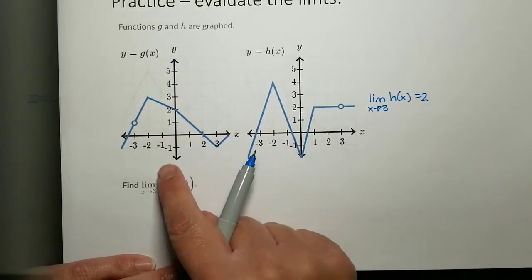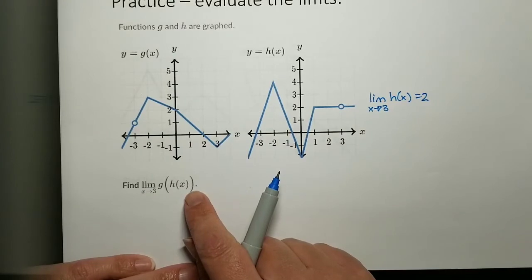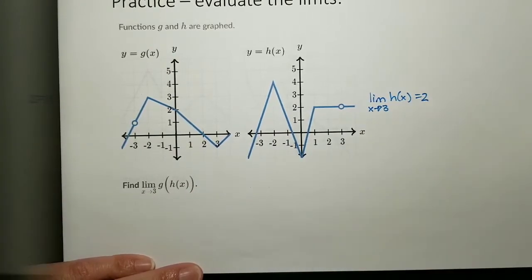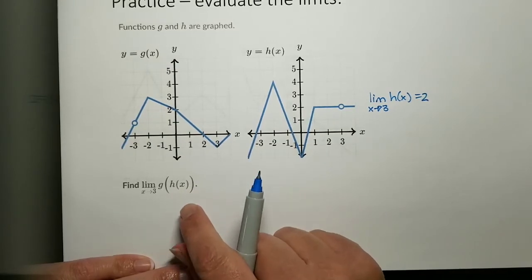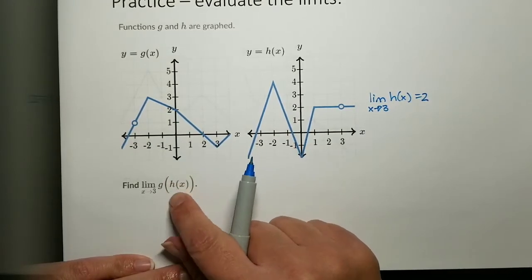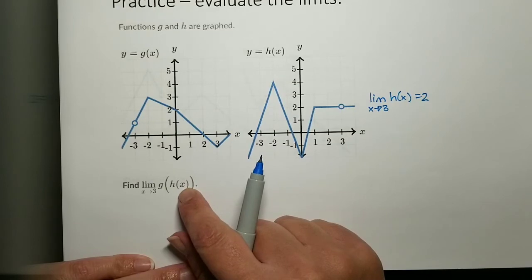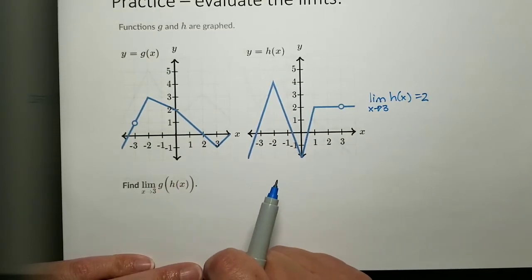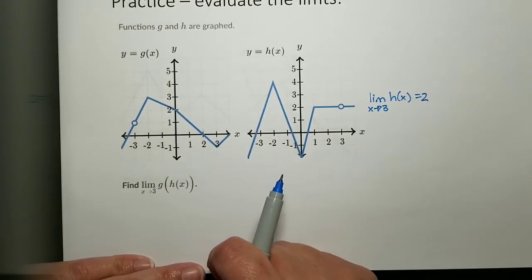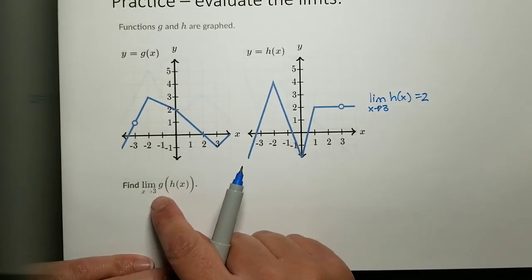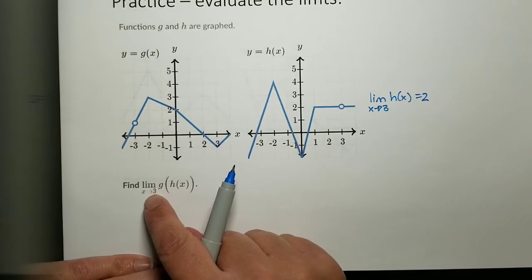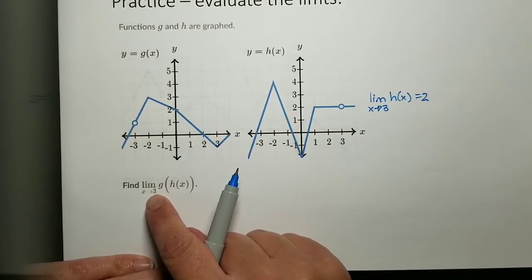Now remember, when you learned about composition of functions, we said the output of the first function becomes the input of the second one. So the y value of the first function becomes the input value, the x value of the second function. So this 2 is really saying what's happening to the g function as x is getting closer to 2.